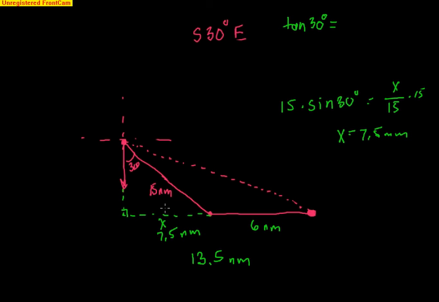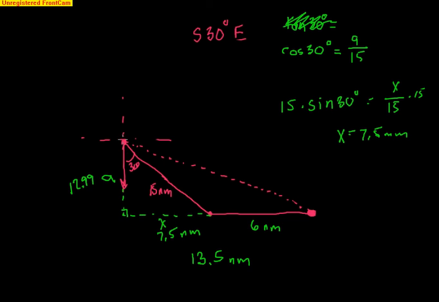I guess I could use the 7.5 as long as I'm 100% knowing it's true, especially because it ended up being exact. But I'd rather actually use cosine of 30 degrees equals the adjacent side right here divided by the hypotenuse 15. So I can find that side as well. So again, multiplying 15 times cosine of 30 degrees, I get 12.99. So this side right here is 12.99.